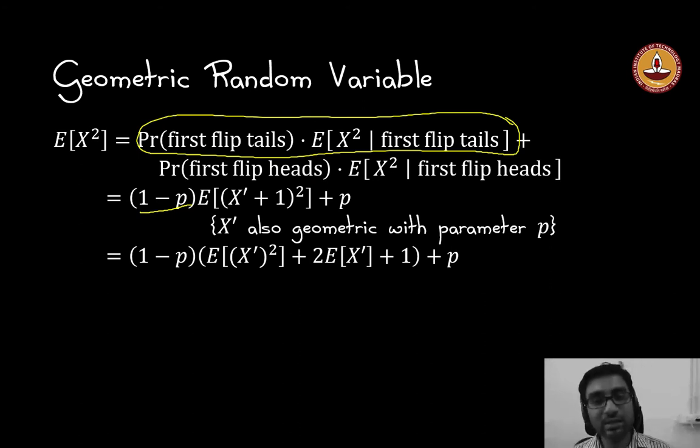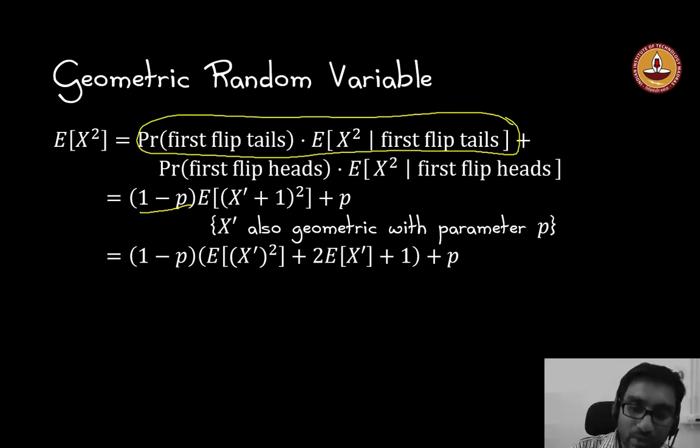You have to set aside the first coin toss, and then start all over and wait for the first heads to occur. So in essence, after the first flip has been set aside, you really are in a situation where you have to repeat the geometric random variable from the start.